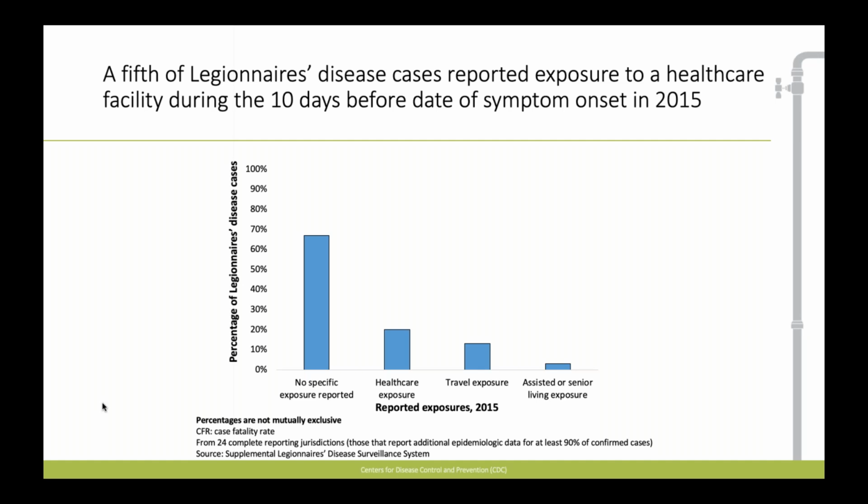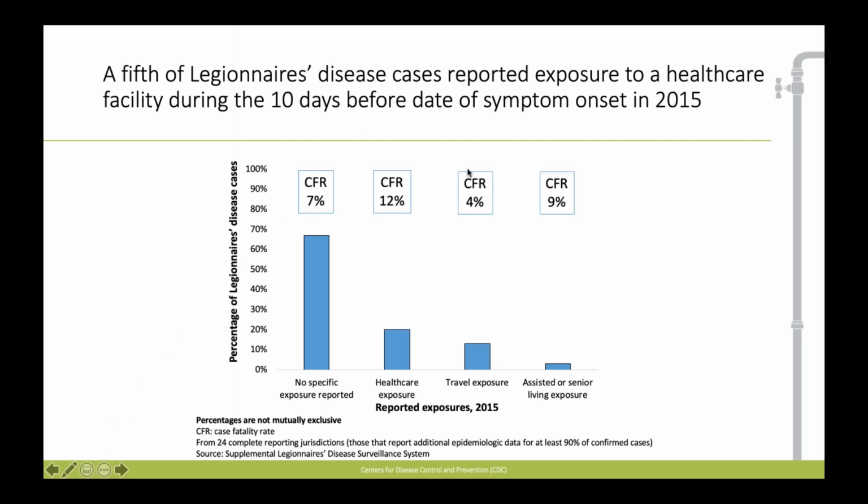The reason for that is probably because a patient who was already in a healthcare facility prior to exposure to Legionella often has a number of comorbidities that might make them at risk for more severe illness. But regardless of the reason, we find that cases with a healthcare exposure have a higher percentage of death than cases that are not associated with a healthcare facility.